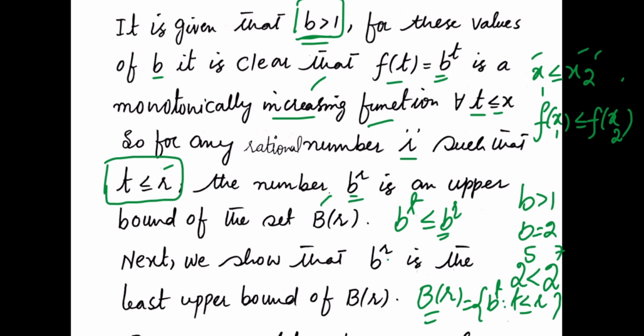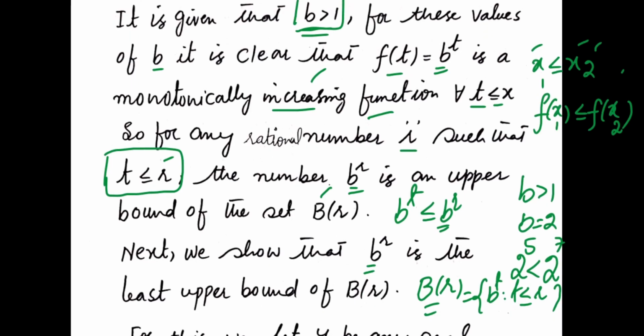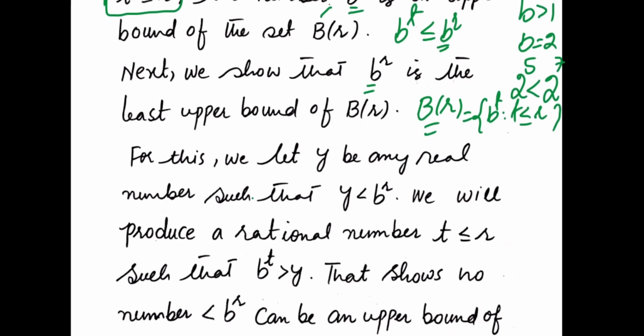Next we show that b raised to power r is actually the least upper bound. Least upper bound means supremum, and I need to show that this set has a supremum b raised to power r. To show this, I will use contradiction.